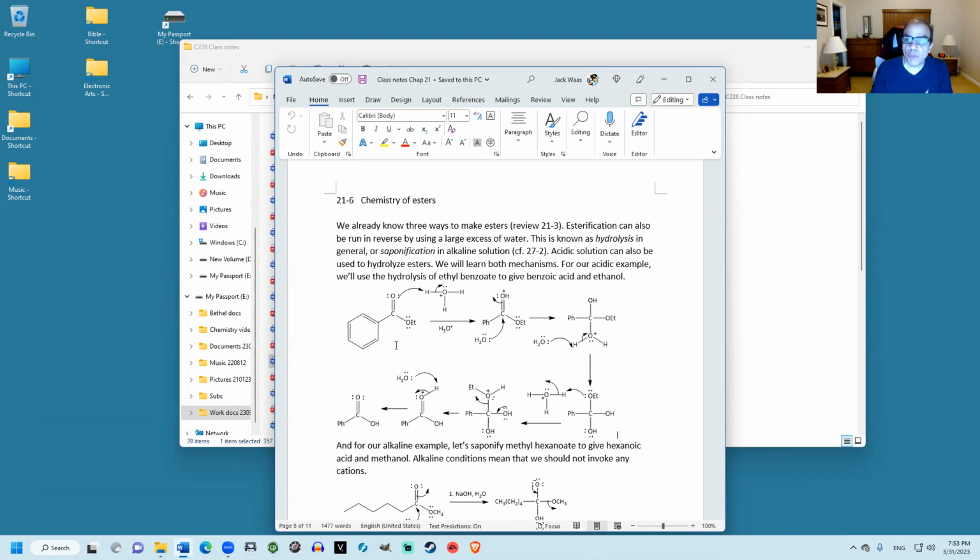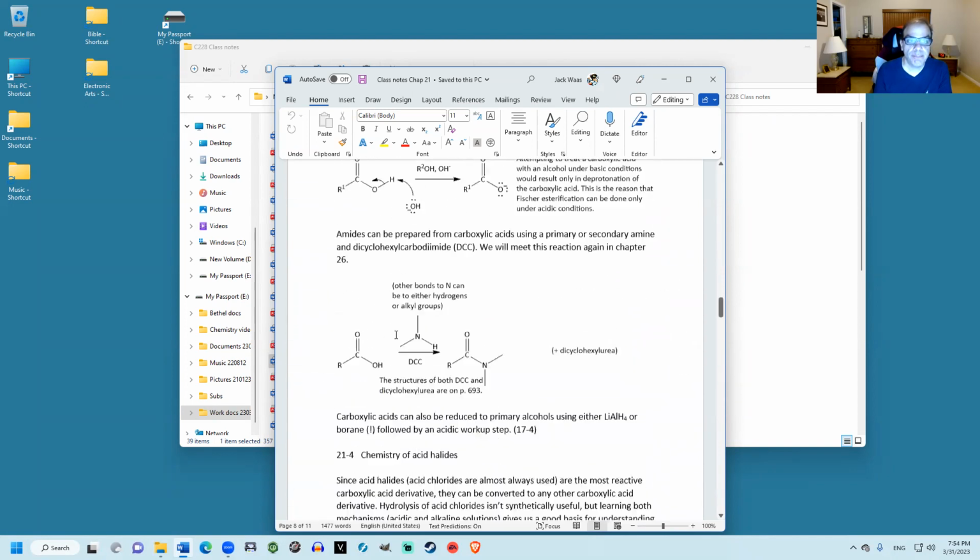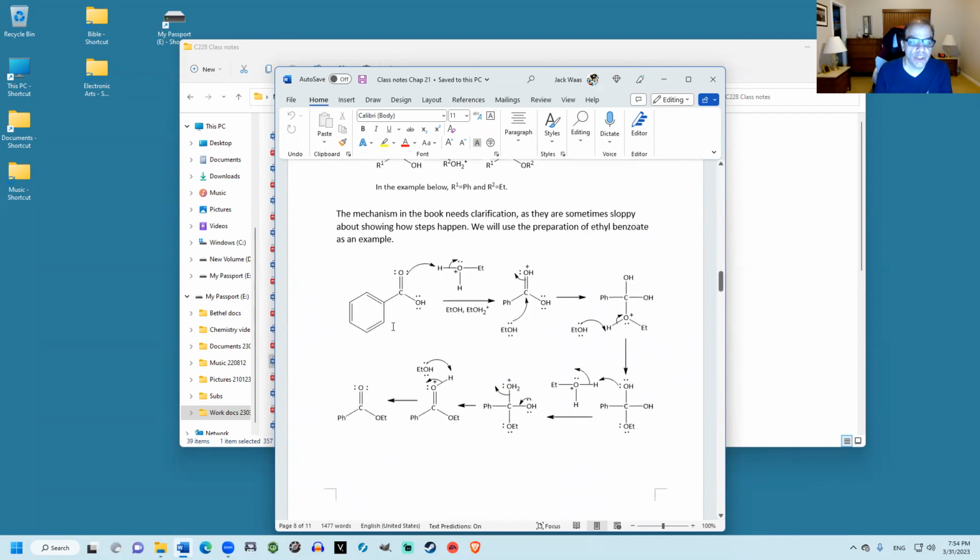And you can tell which you're going to get by looking at what you're given. Over here, we're given an ester and essentially water. That means we're going to hydrolyze the ester. Back here, we were given a carboxylic acid and an alcohol.